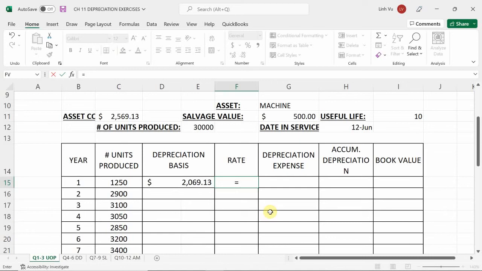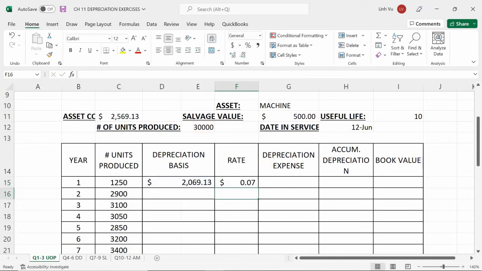Not one, but the 30,000 is correct. Asset cost divided by number of units produced. Close. Okay? It's going to be your depreciation basis divided by the total number of units that you can produce.